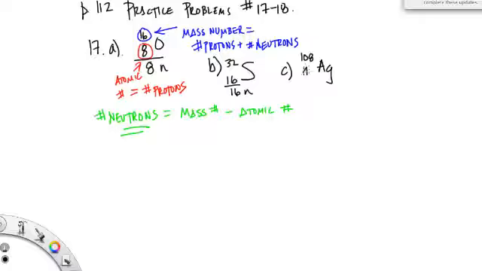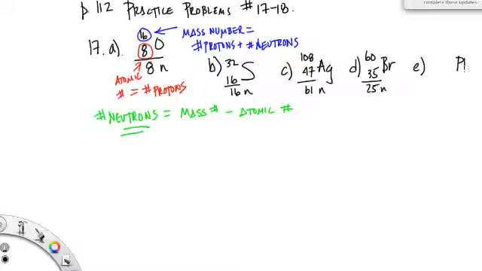Its atomic number is 47. So 108 minus 47 is 61. Silver has 61 neutrons. In letter D, bromine has a mass number of 60, an atomic number of 35. 60 minus 35 is 25 neutrons.